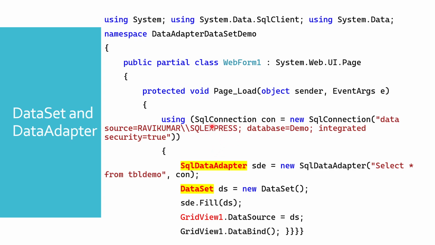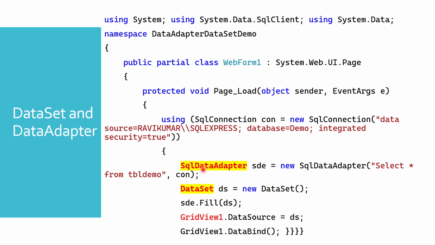First I'm going to create a SQL connection, and we know that we need to pass 3 things: the SQL Express instance, the database name, and the integrated security, which we have to mention as true. You can mention it as false or SSPI or whatever, but generally we prefer to have the security feature enabled. So this is the first step.